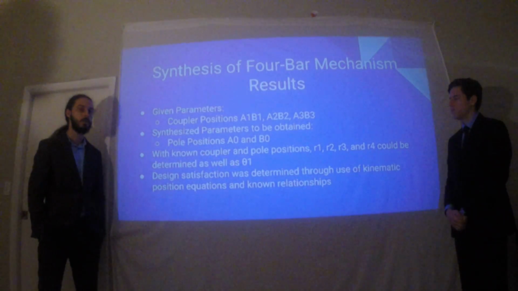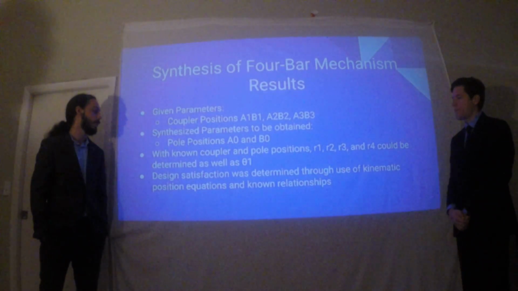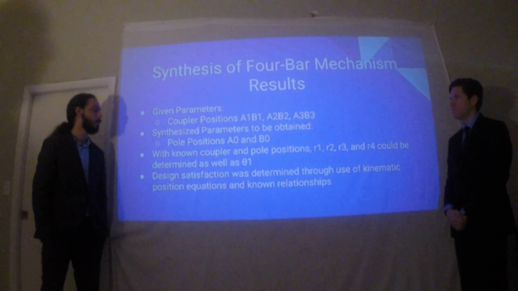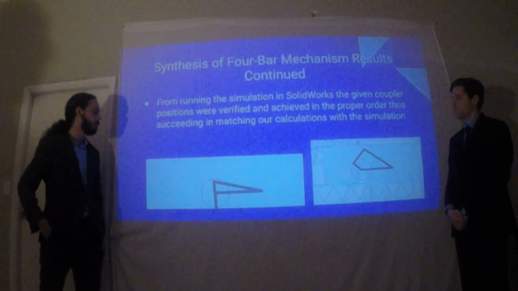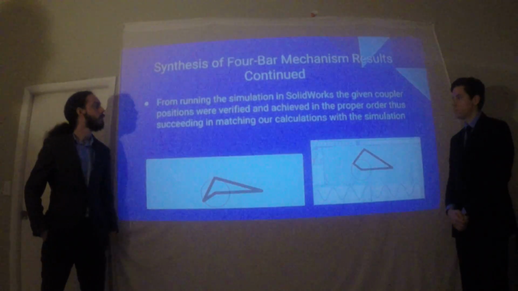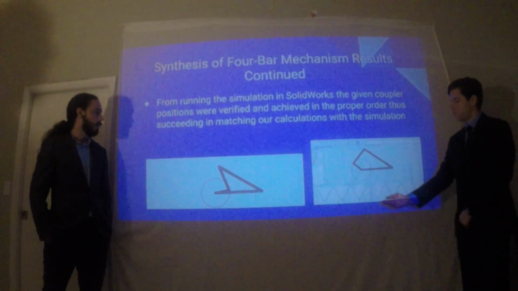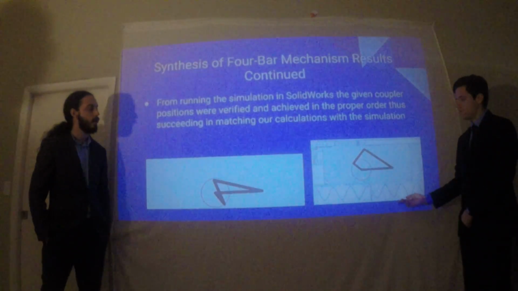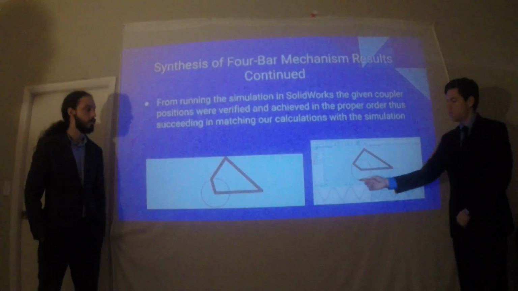With that all determined, we were able to design a 4-bar mechanism in SolidWorks to show the fluid motion of the 4-bar mechanism, as you can see here. And in SolidWorks, we were able to show the position of A1 throughout the total motion.